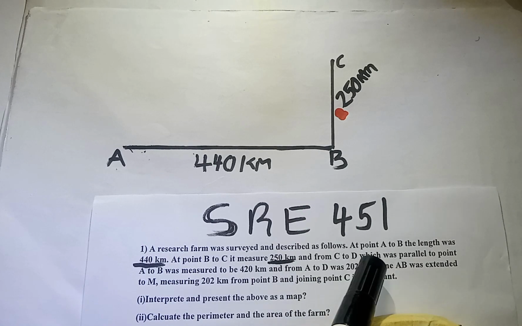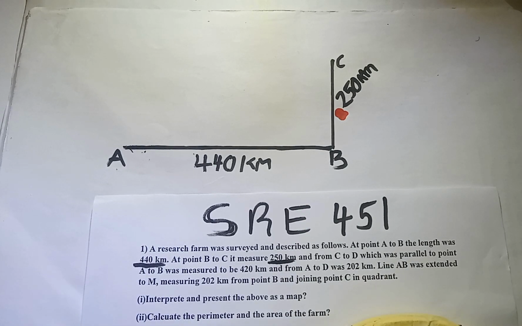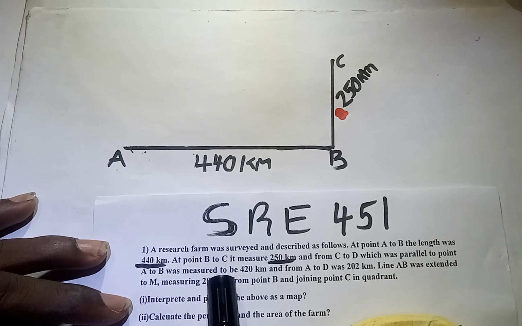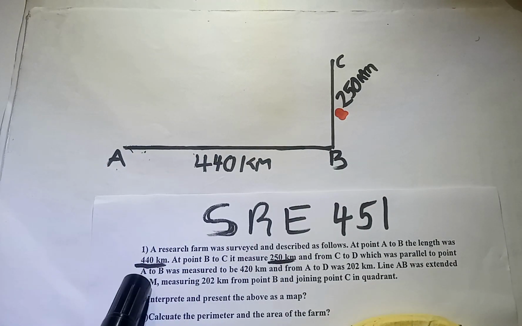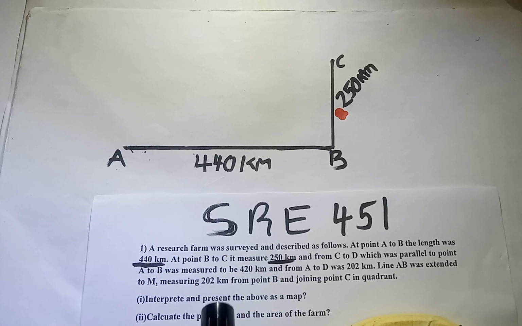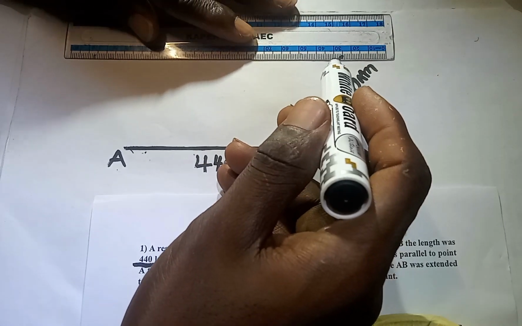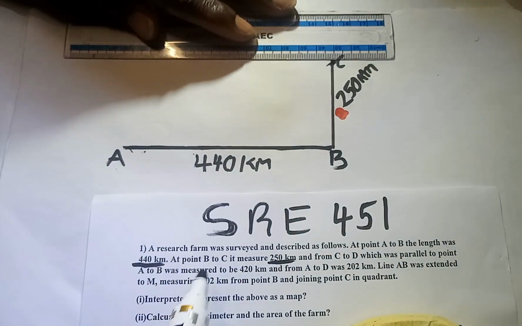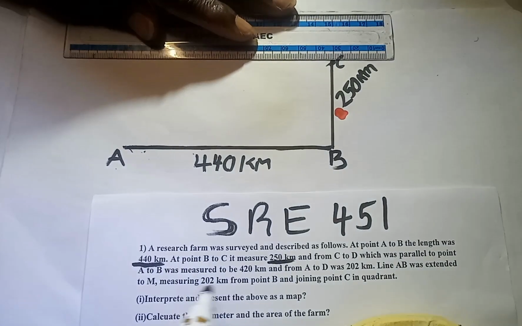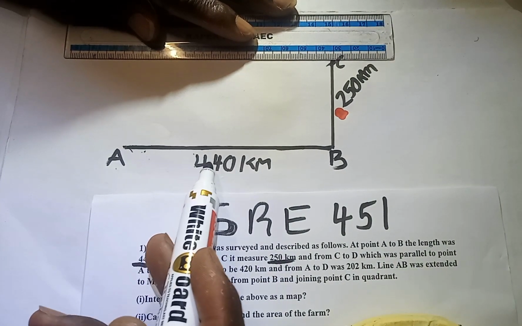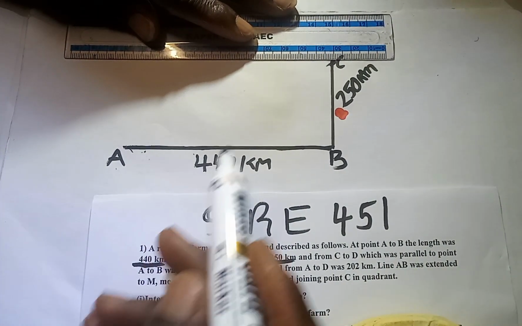Let's proceed from C to D, which was parallel to point A to B. Don't forget what I call the parallel line. A parallel line is any two lines that proceed on a straight line in the same direction, but they can never meet. So A to B was measured to be 440 kilometers. From C to D, which was parallel to A to B, was measured to be 420 kilometers. So the line will not be up to 440 kilometers.